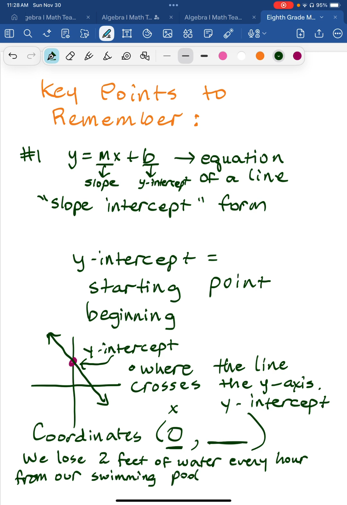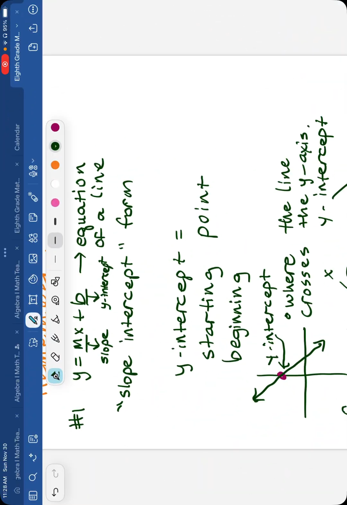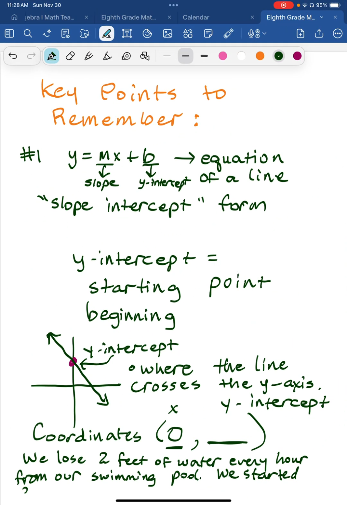And then it might say we started out with 10 feet. So what would be our y-intercept and what would be our slope? Here's another key: 2 feet of water, that's like saying each, 2 feet of water each hour.